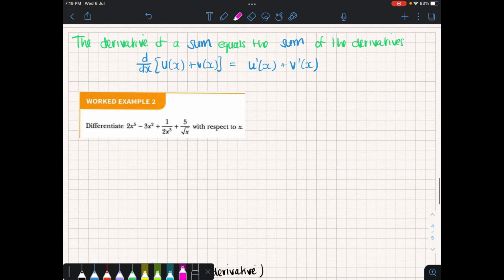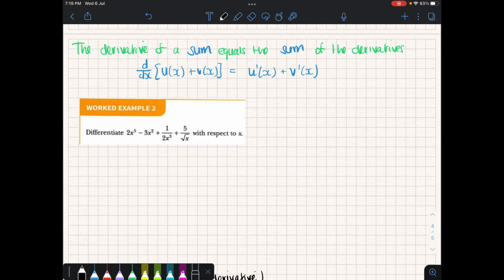Okay? So here we are differentiating with respect to x. Right? This is not an equation, it's a function, and we're differentiating 2x to the power of 5. I'm going to change everything into something that I can differentiate. So minus 3x squared is fine. This plus 1 over 2x cubed, I can't differentiate that. I need to change it.